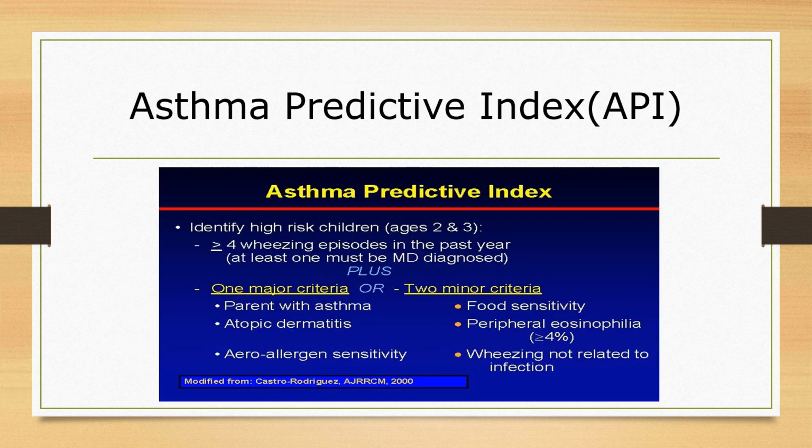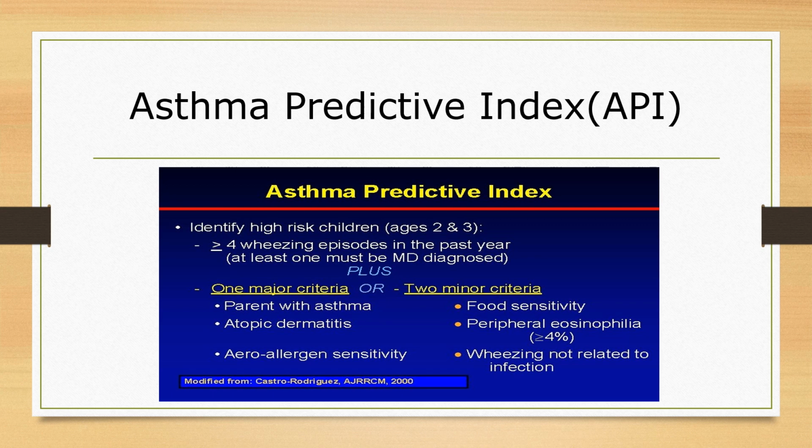Because it's very difficult to diagnose children with asthma, especially the 2 years and 3 years old group, because they can't do pulmonary function. So they developed this scale called the Asthma Predictive Index, API. And how this works is this.